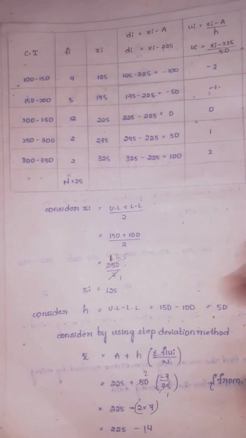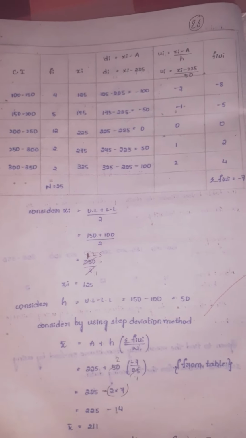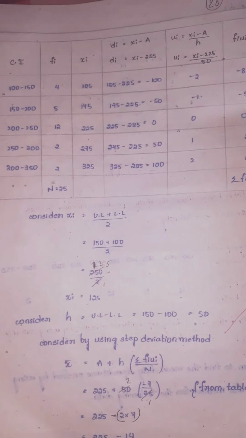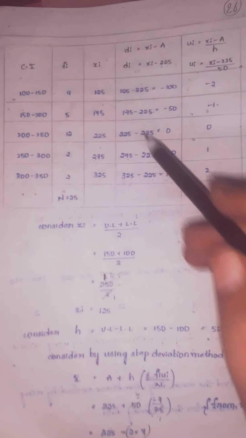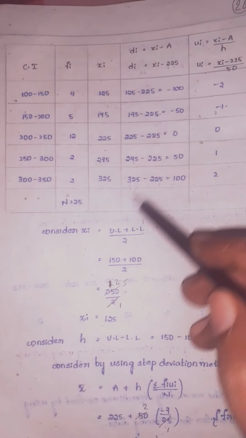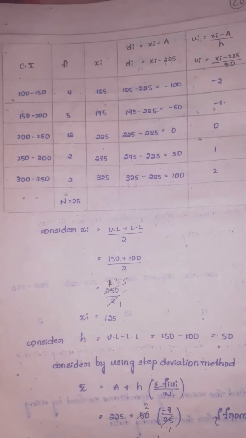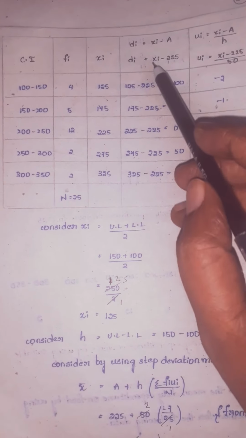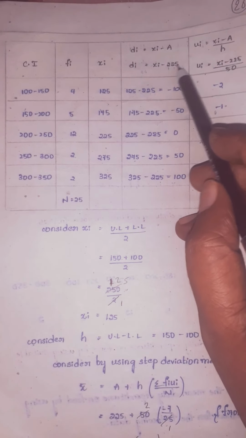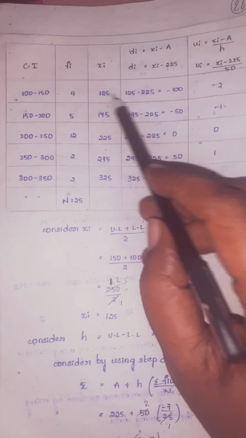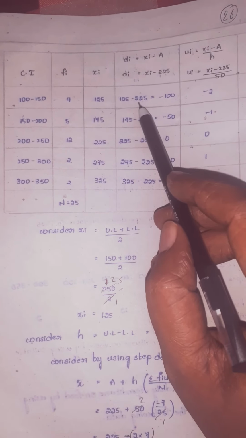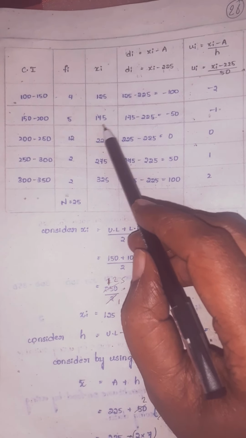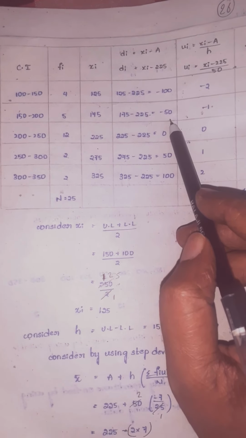Now we should go for the di method, deviation or step deviation will be decided. First you should calculate di equal to xi minus a, children. Why? Because here xi values are big. So what is the middle number, children? 225. So xi minus 225, means 125 minus 225. The big number has the negative sign, so directly how much? Minus 100. Next 175 minus 225, how much? Minus 50.